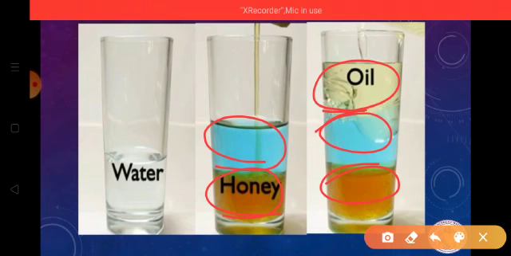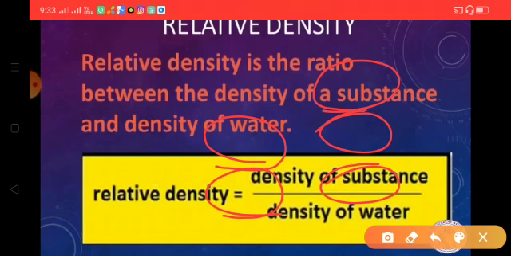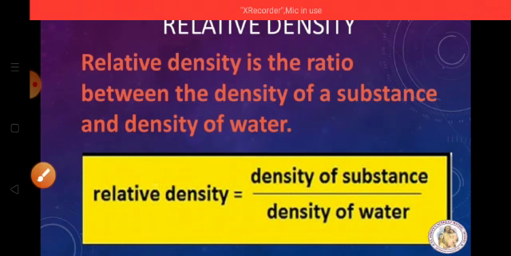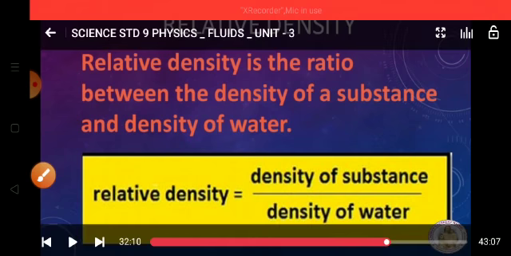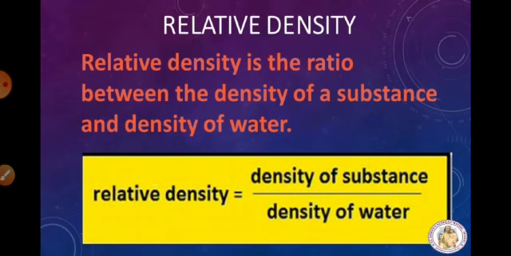Heavier substances settle at the bottom, like honey, and the lighter material, like oil, tends to float on the top. So we understand every substance has a different density. Next we'll move to the relative density.